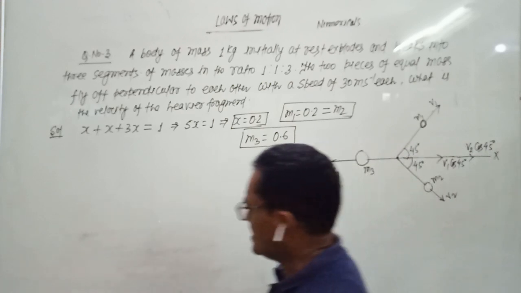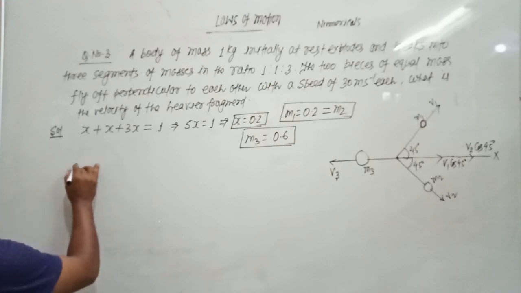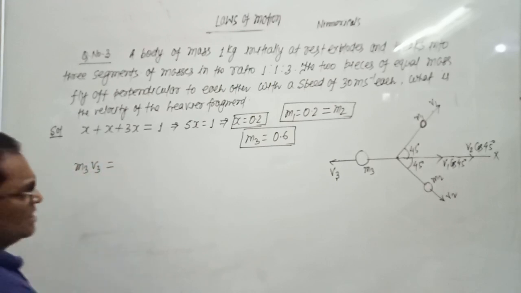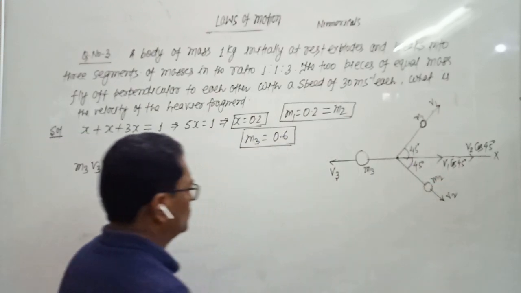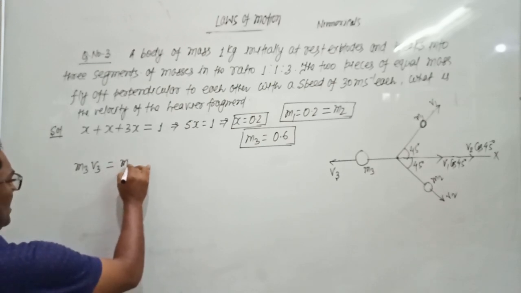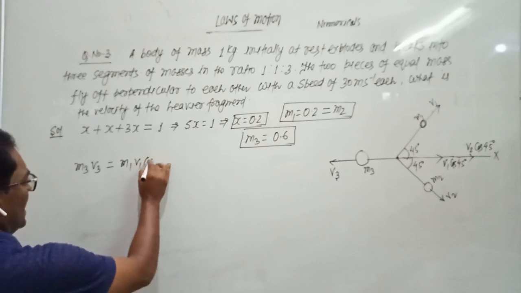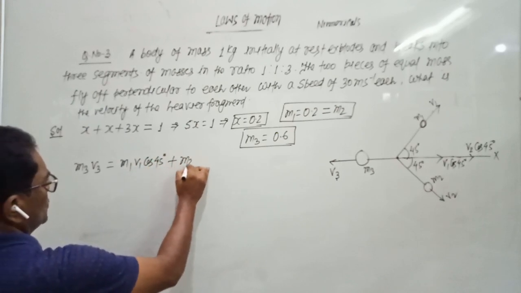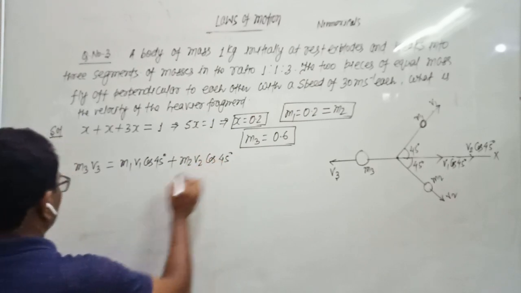So we use the conservation of linear momentum. M3 into V3 is in the opposite direction of V1 and V2. So M3 V3 equals M1 V1 cos 45 degrees plus M2 V2 cos 45 degrees.